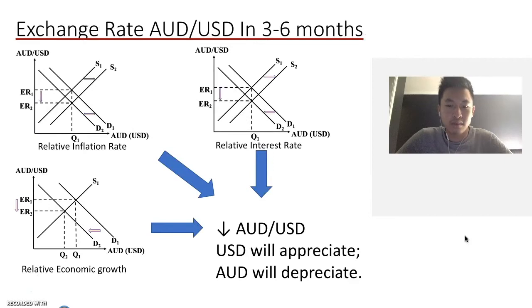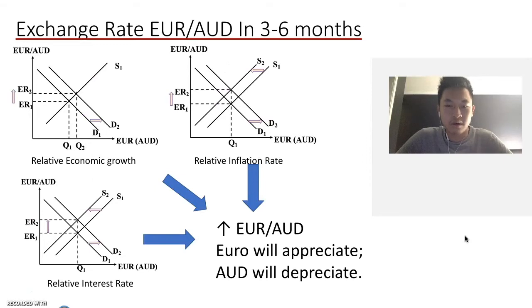So in conclusion, we will go long for the US dollar as the US dollar will appreciate against AUD in the future. And also for the euro against AUD, we will go long for the euro as the euro will appreciate against AUD.